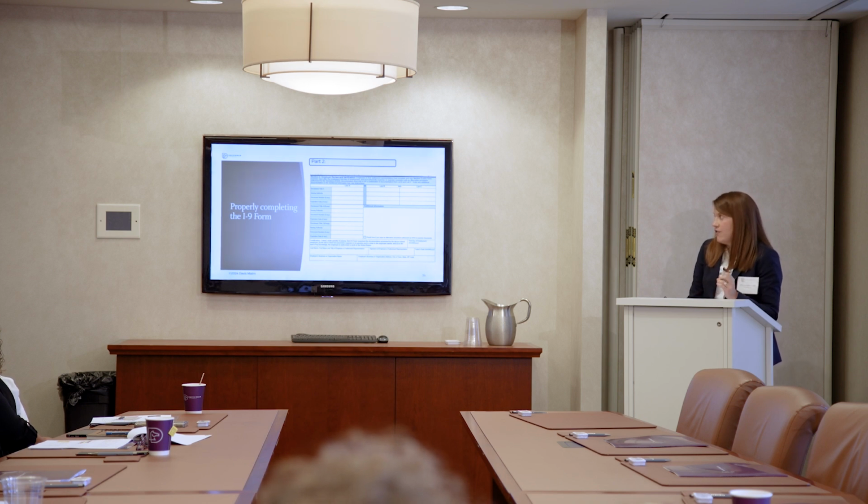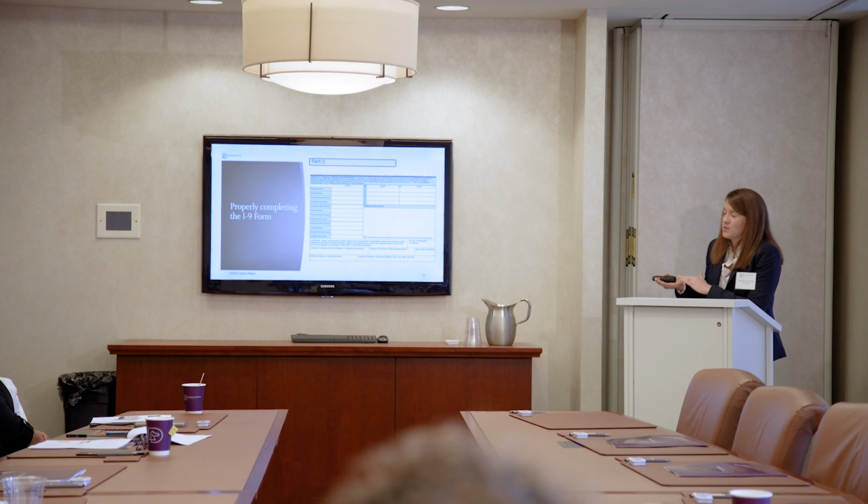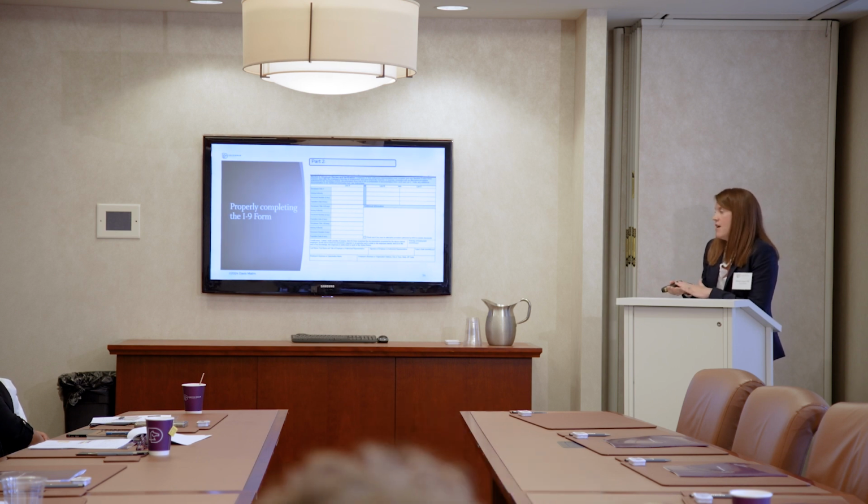The incorrect information needs to be crossed out, and the employee needs to initial that the correction was made. The corrected form needs to be retained, and there needs to be a written explanation attached to the form that explains the error and the steps made to correct it.